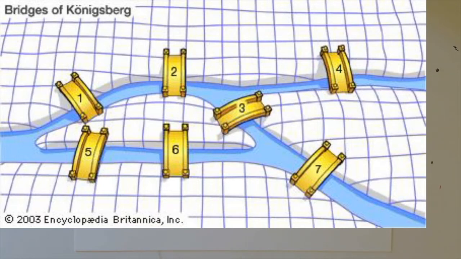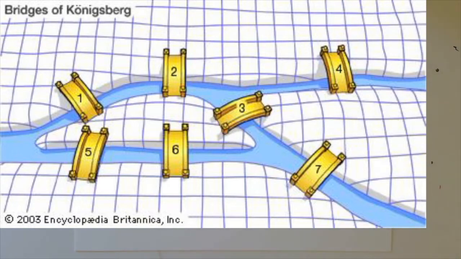And so perhaps I start on the South Island, then proceed up to the Middle Island, and then the top, and then maybe through doing that I cross Bridge 5, and then Bridge 1, and then I come back down across Bridge 2, and then across Bridge 6, and then up 7, and up 4, but I didn't quite get there because I missed Bridge 3, and so you can try a bunch of variations and see if you can come up with a solution.